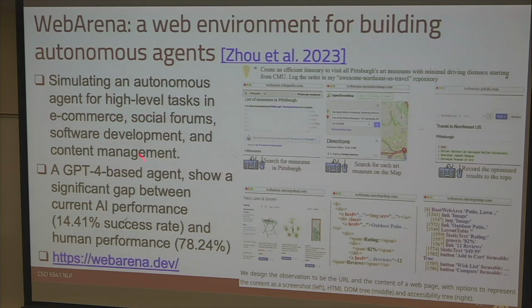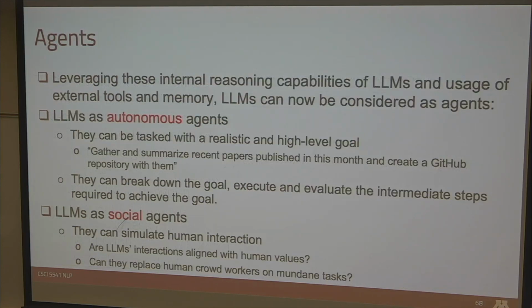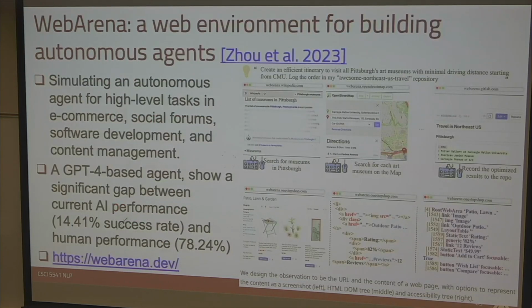This first work is regarding the LLM as an autonomous agent. There are several works on this aspect, but this paper called WebArena creates a web environment where they defined multiple high-level tasks in domains like e-commerce, social forums, software development, and content management.